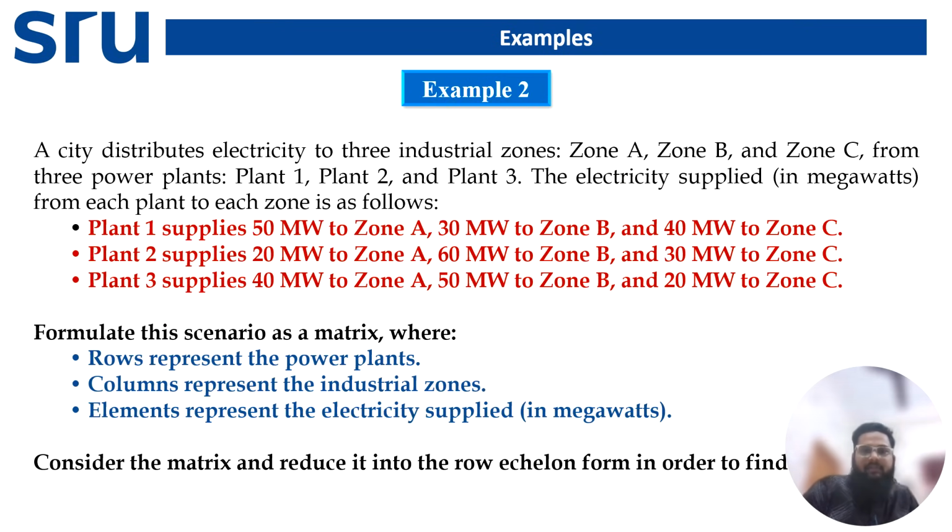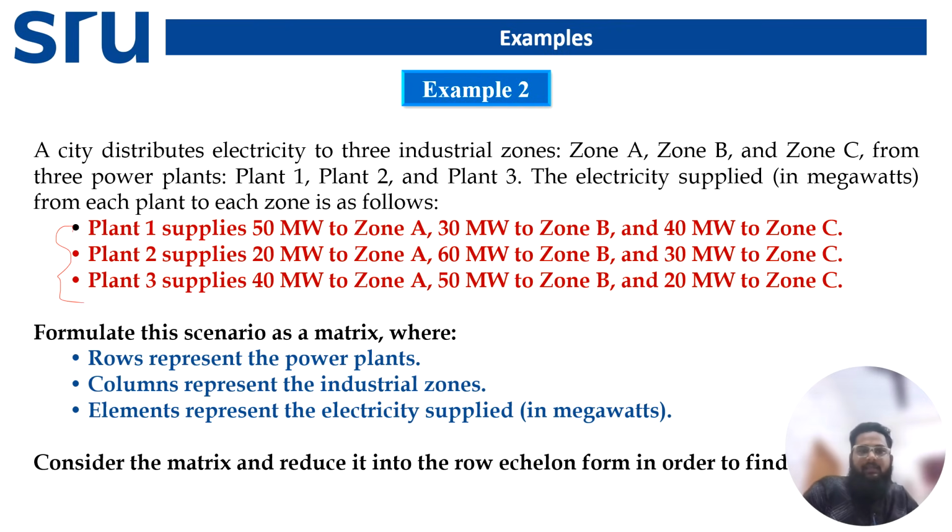This is another kind of example we have taken. So again, you see a city is distributing electricity to 3 industrial zones, zone A, zone B, zone C, from the 3 power plants, plant 1, 2 and 3.